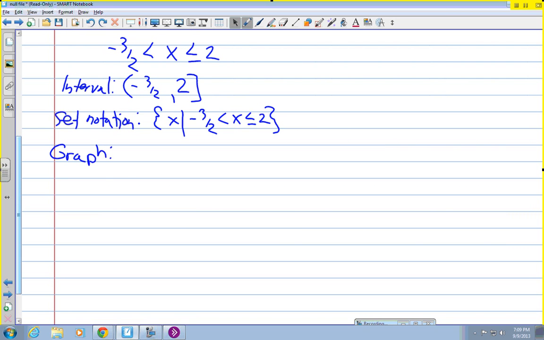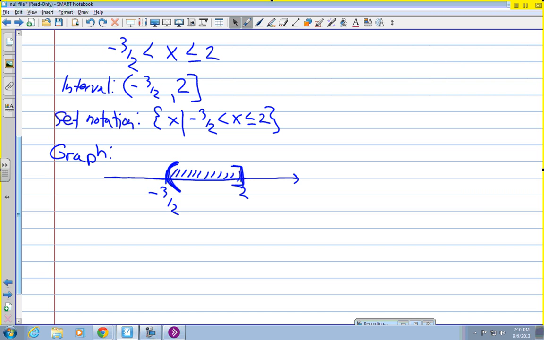And the graph here would be, this is negative 3/2, and this is 2, everything in between, including 2, not including negative 3/2. Or empty circle, filled in, whichever way you like.